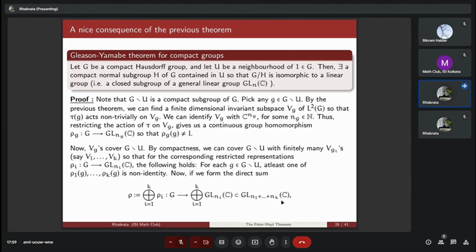By taking block matrices, the direct sum of GL_Ni of C can be easily seen as a subset of GL_(N1 plus up to Nk) of C. You have an N1 by N1 matrix and an N2 by N2 matrix, and you can form a block matrix of size N1 plus N2 by taking the block diagonal. It's a standard thing. So we have found a representation of G inside GL of N1 plus dot dot dot plus Nk of C.